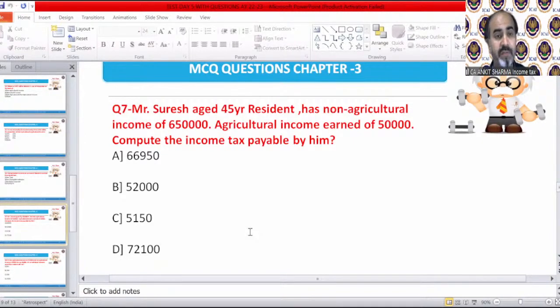You have to calculate the final tax. What is the final tax? I need the answer of question number 7, which is the correct option.